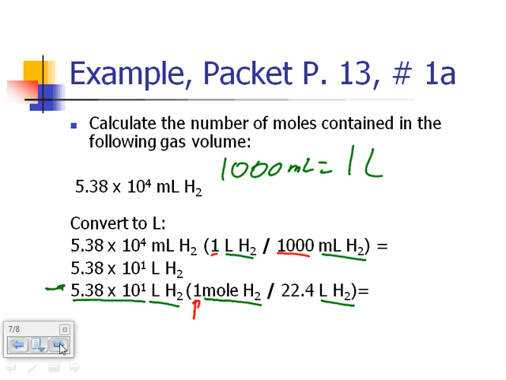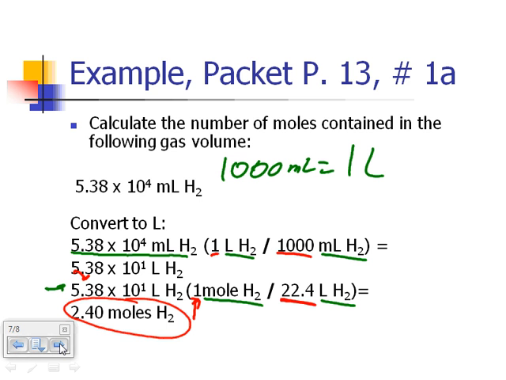Wherever it says liters, it's 22.4. So just plug those numbers in just like we did a couple of units ago with the mole. Take your number, 5.38 times 10 to the 1st times 1 divided by 22.4, and we will end up with 2.40 moles of hydrogen for our final answer.